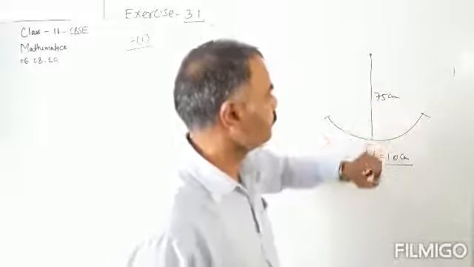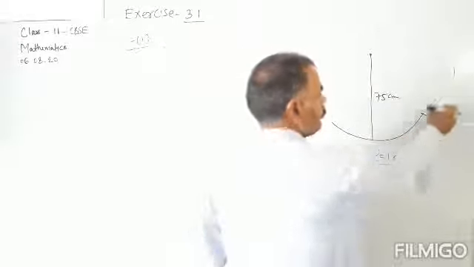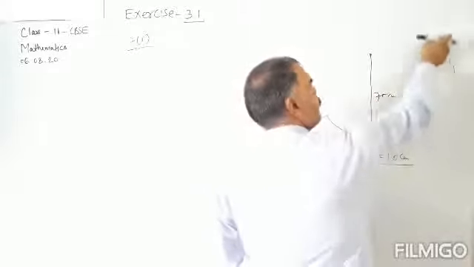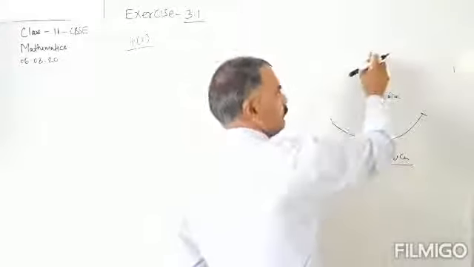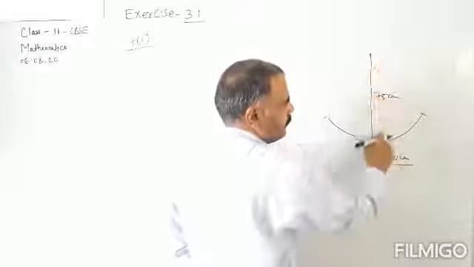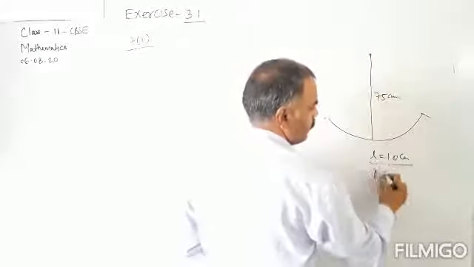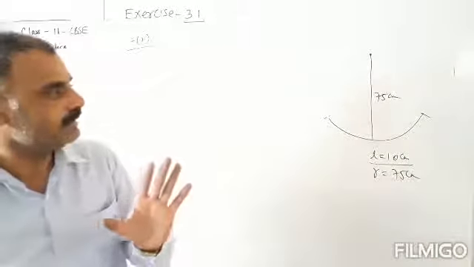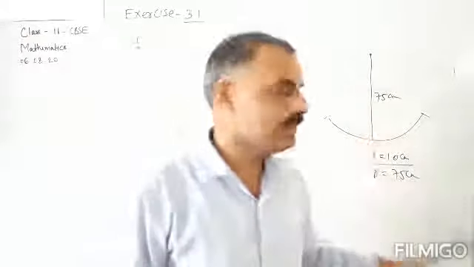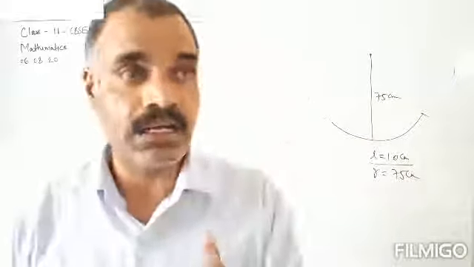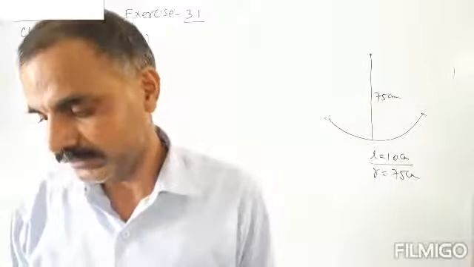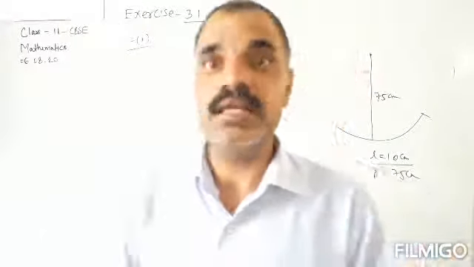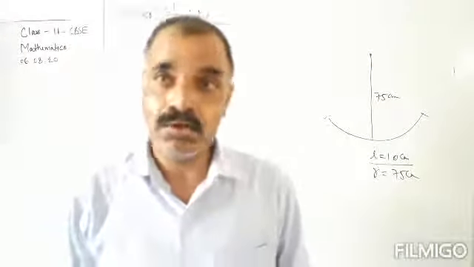When we move this, a circle is formed with this as the center, and this is the radius. So the radius is given as 75 centimeter and the arc length is 10 centimeter, and we have to find the angle subtended by it. We have to find the angle in radian measurement only, not in degree measurement.